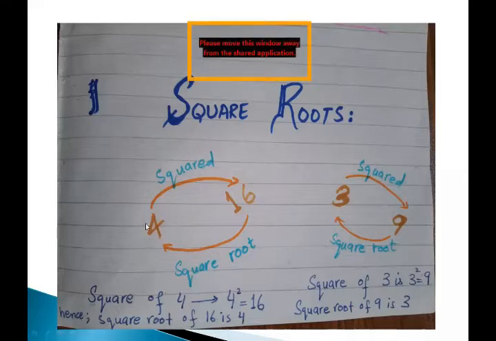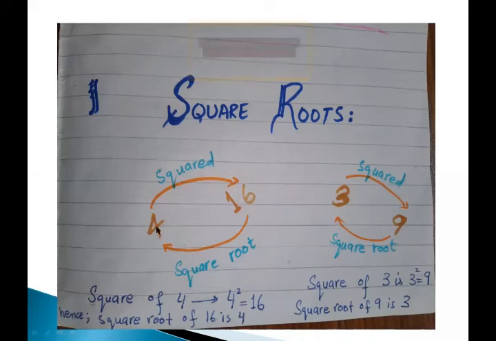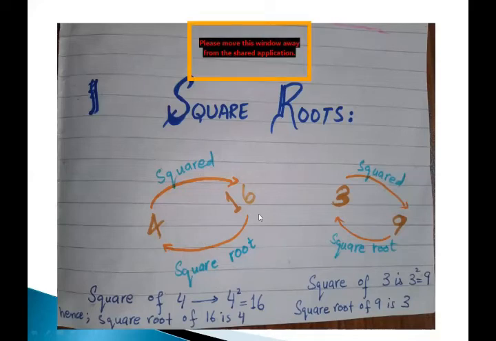For example, if I square 4, 4 fours are 16. So the square of 4 is 16, and the square root of 16, the opposite of it, is 4. Whenever we square a number, we get the squared number, and whenever we go back, it becomes the number itself.